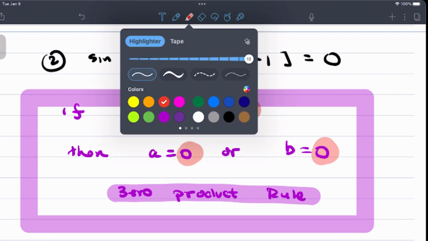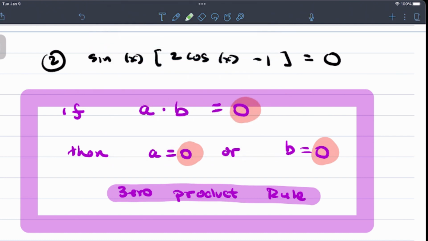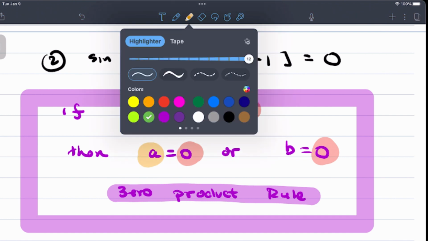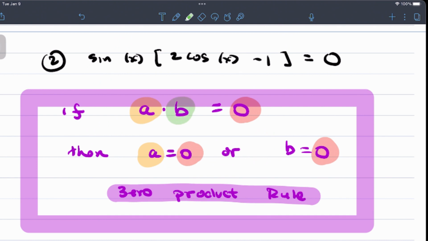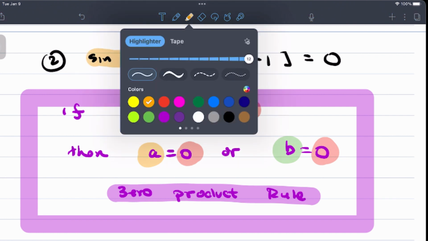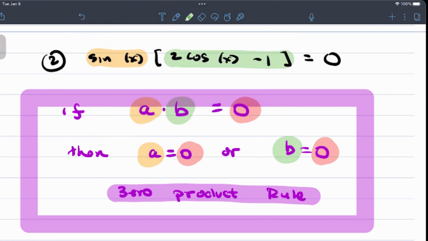Now you might say, well, how do I use this? Well, maybe you can see that in colors. How do you guys use this now? Orange and green.